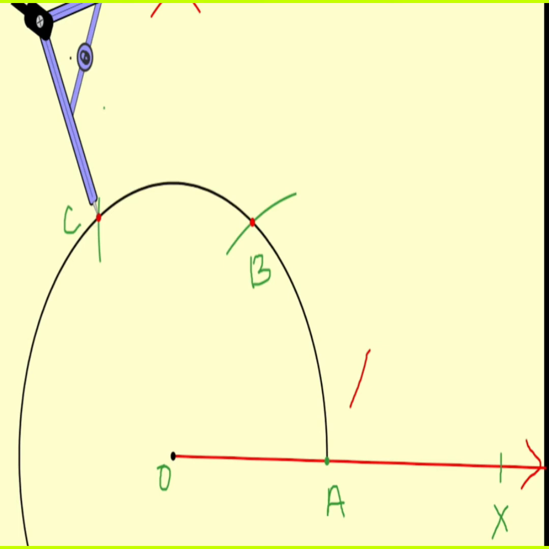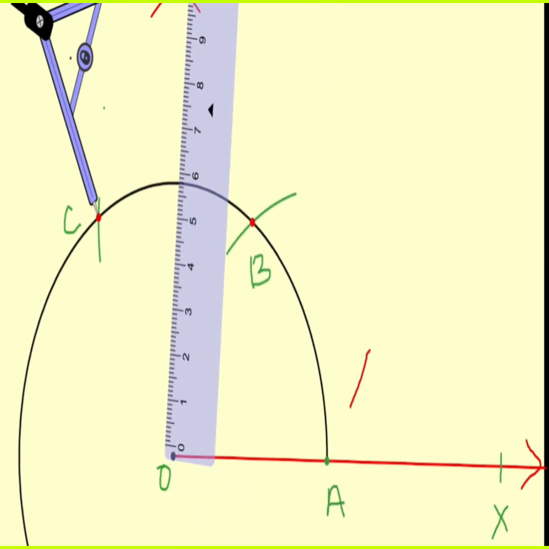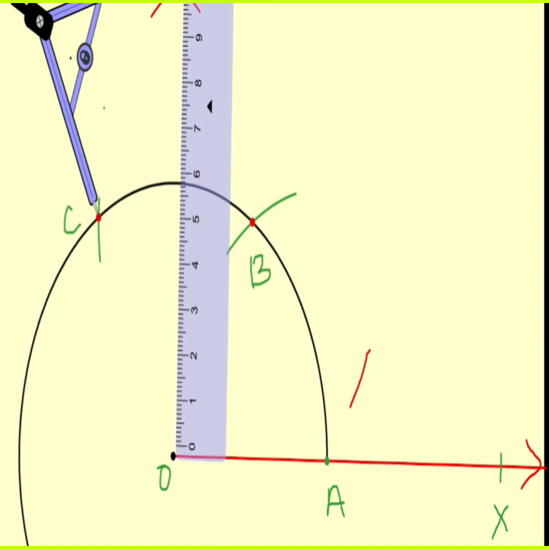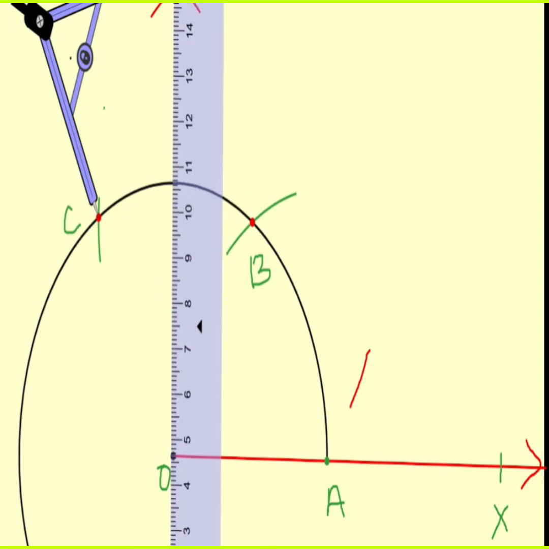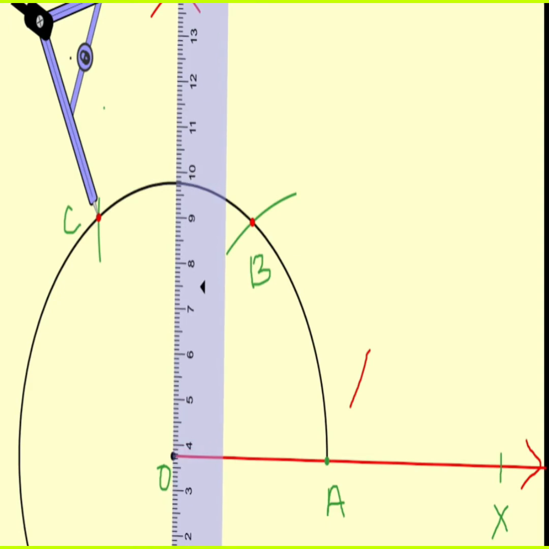These two arcs intersect at a point. Now you will take the ruler and join this point to the initial point O. You will get angle 90 degrees.